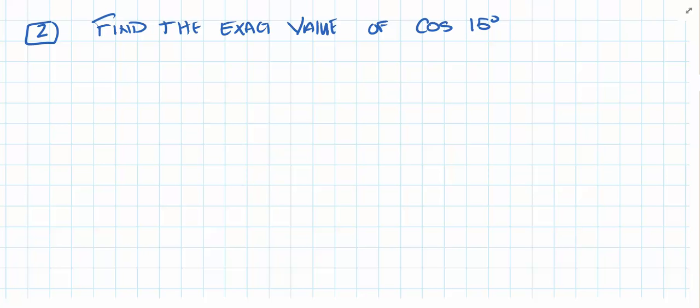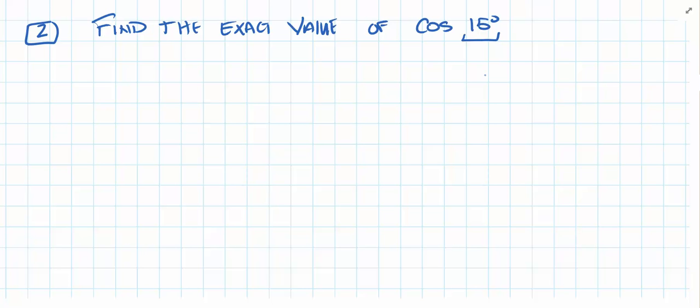What are some other easy angles to work with on the unit circle? 45, 60, 90, 120, 270, and so on. So the question is, how do we create 15 degrees out of angles that we know how to use, like 45 and 30 or 60?